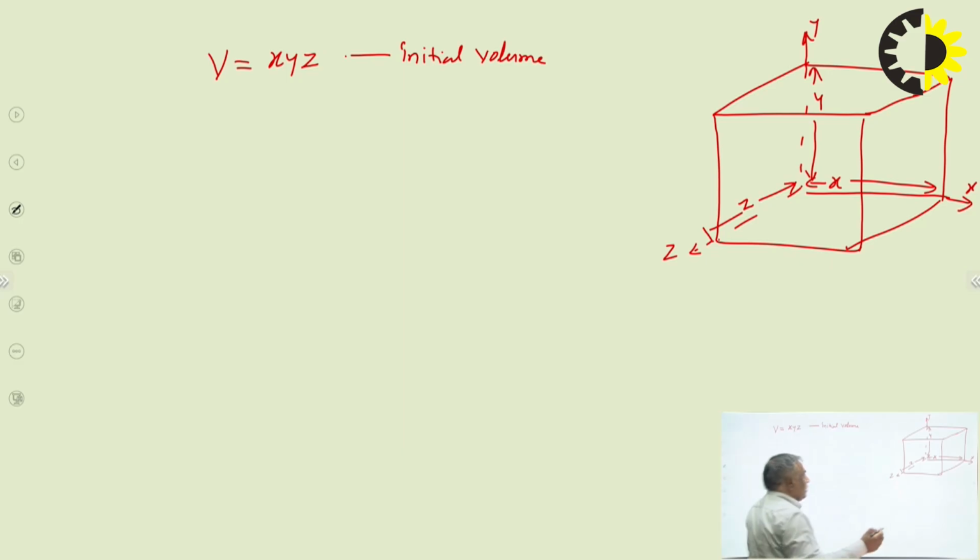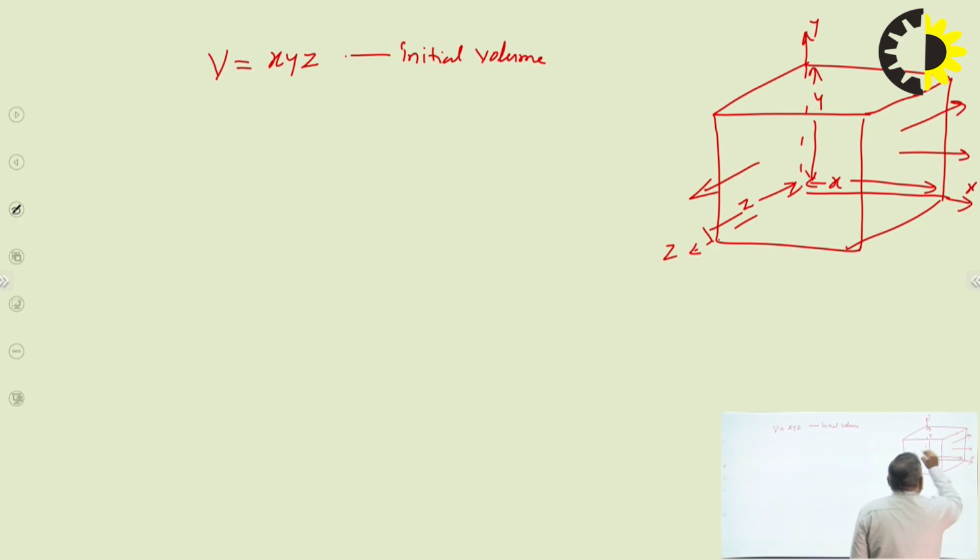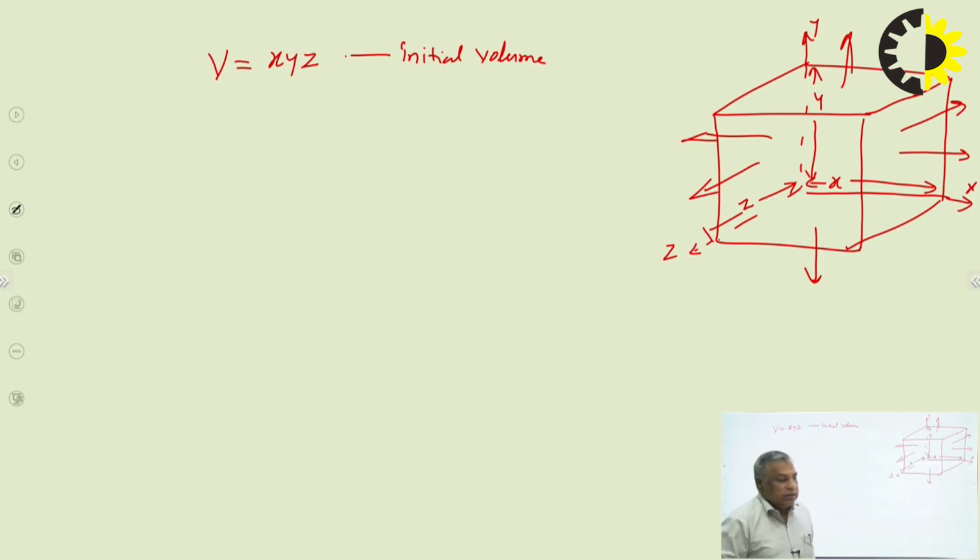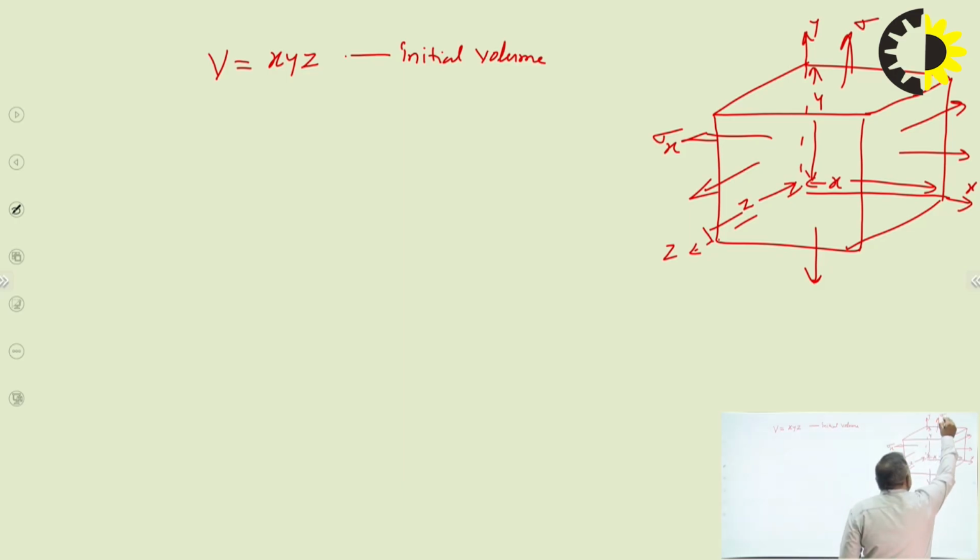Now, it is subjected to some kind of stresses, sigma x in the x direction, sigma y in the y direction and sigma z in the z direction. All it is subjected to some kind of load which will cause the change in the dimensions.